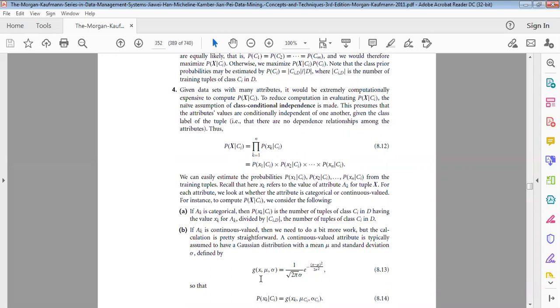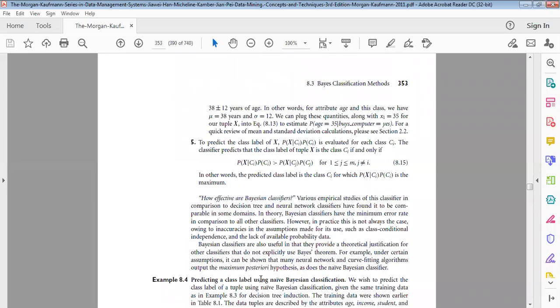By using the Gaussian distribution method, you can process it to estimate P(age = 35 | buys computer = yes). A quick review of the mean and standard deviation calculation lets you find the value.